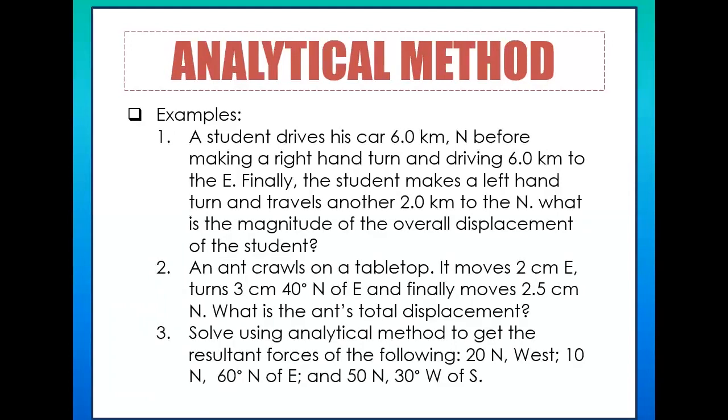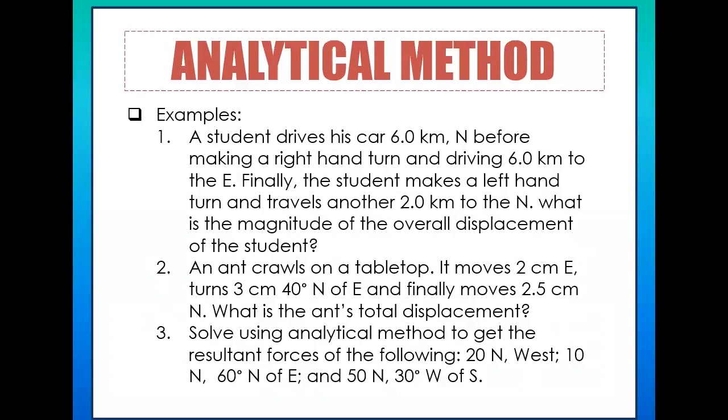Finally, the student makes a left-hand turn and travels another 2.0 kilometers to the north. What is the magnitude of the overall displacement of the student? Again, we have to apply the steps mentioned earlier in order for us to properly solve for the resultant vector.